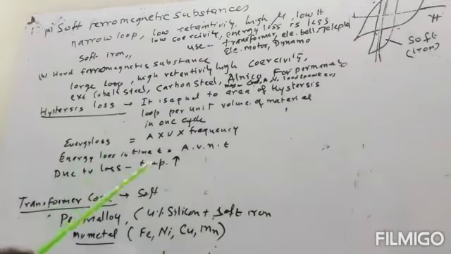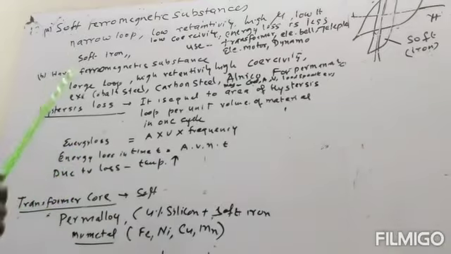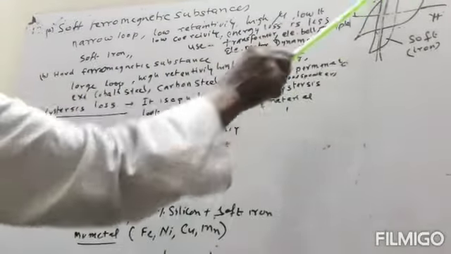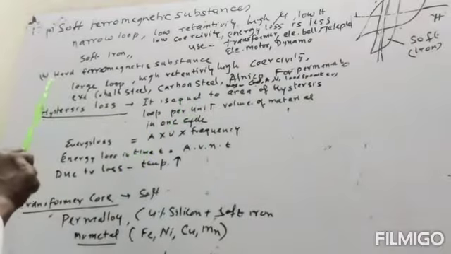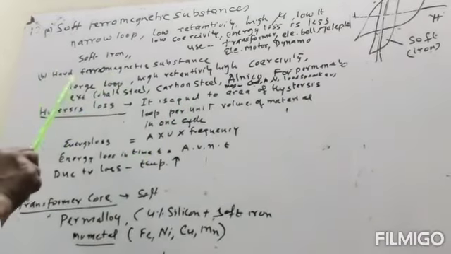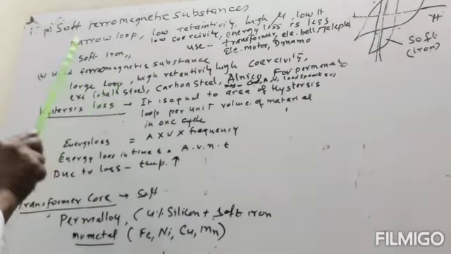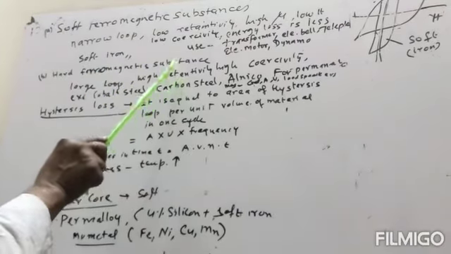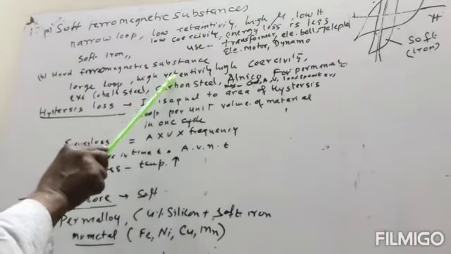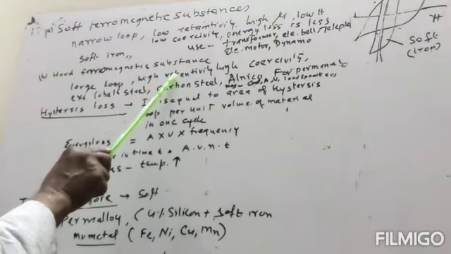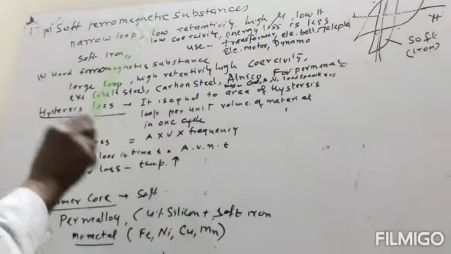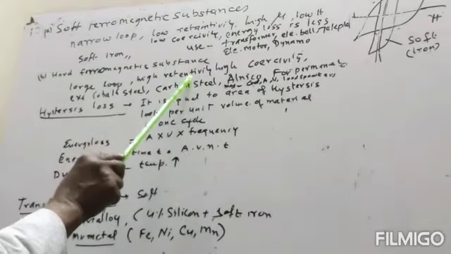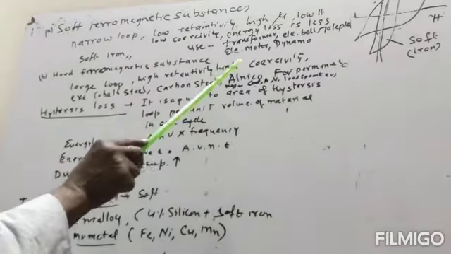Now for the hard ferromagnetic substance. Hard ferromagnetic is just the opposite. The area of the loop is more, so the hysteresis loop is large. High retentivity means it cannot be demagnetized easily, and if the magnetizing field is 0, then it is not demagnetized.